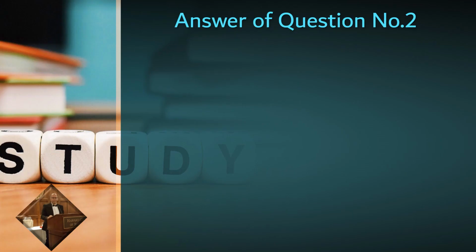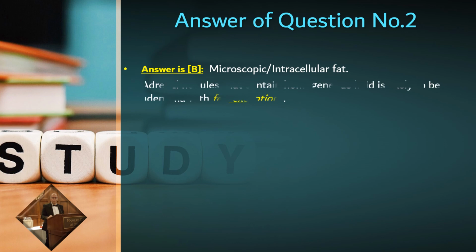The answer to this question is choice B, microscopic or what we call intracellular fat. Adrenal nodules that contain homogeneous lipid are likely to be adenoma, with few exceptions. Those exceptions we'll discuss later in the pathology section.